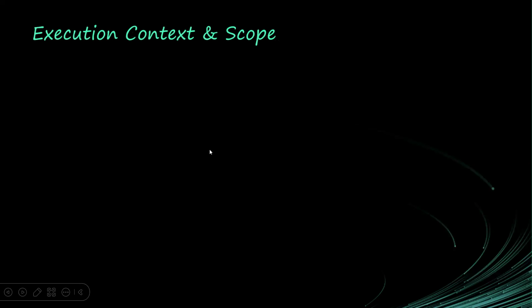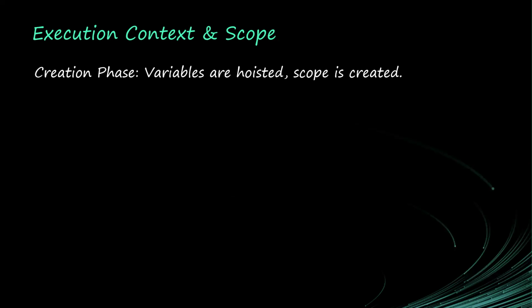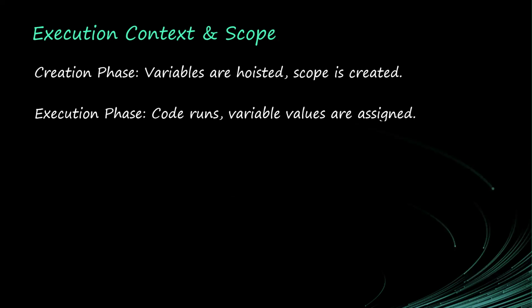Okay? So there's something we call execution context. I don't know if I'm going to make sense with this now, but during the execution, we have something we call execution context. So we have the creation phase. Once we get to the creation phase, variables will be created and hoisted, and the scope of those variables will be created.